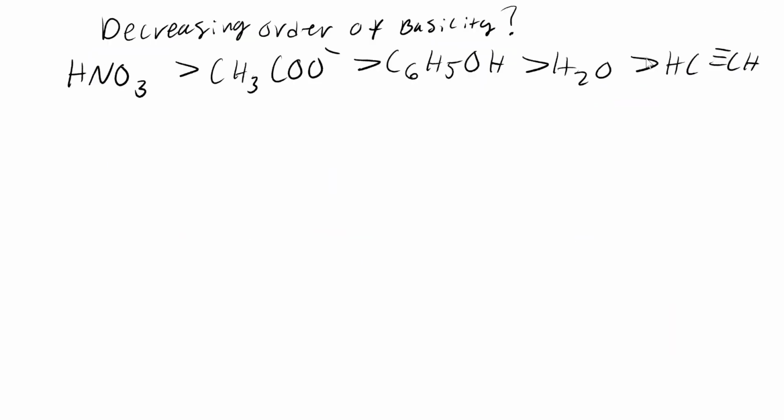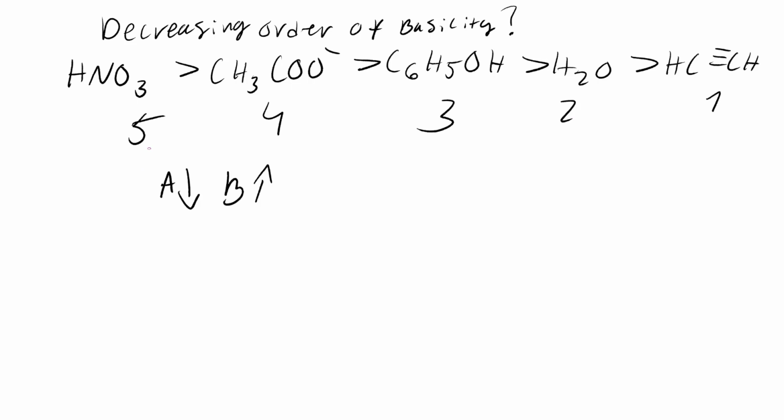So we're asked to find the decreasing order of acidity. Now this is in order of decreasing acidity. Now we know that as acids decrease, the bases increase. So because we're decreasing this way, I know that the most basic one has to be this one, this one, this one, 4, and 5.